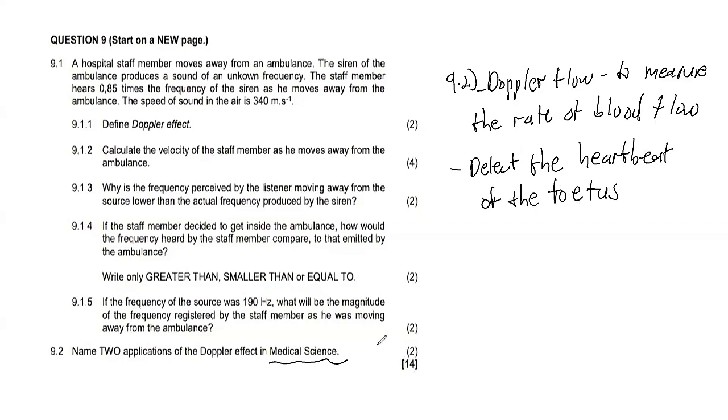Right, so those are the 2 medical uses of the Doppler effect. Okay, so that's how you could have gone about tackling this question for a total of 14 marks.